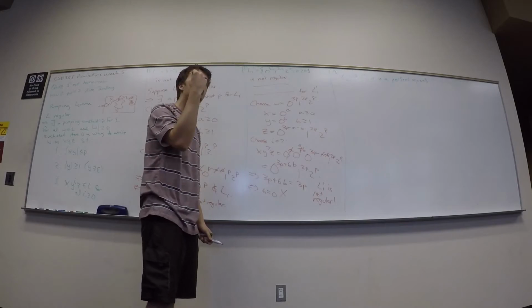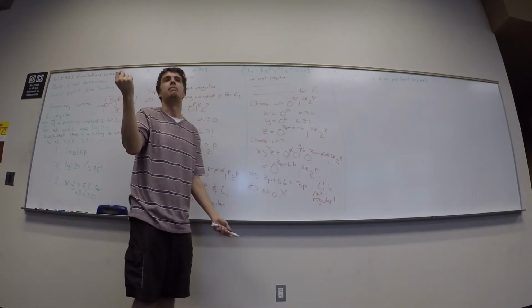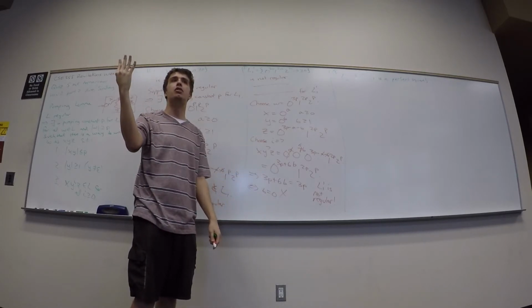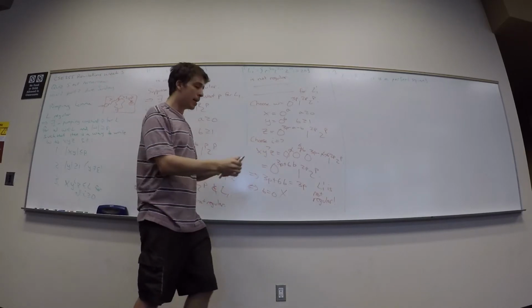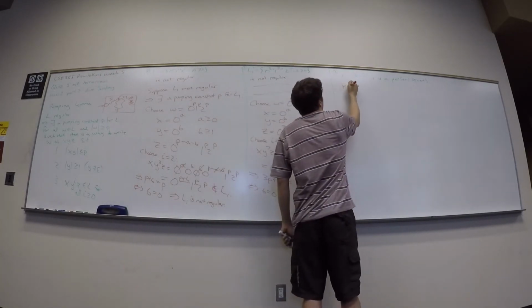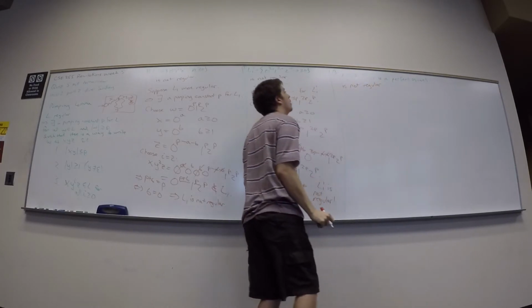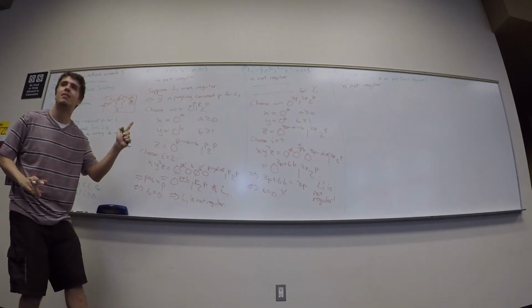And the number of zeros is a perfect square. So 0 zeros, which is the empty string, that's in there. A single zero's in there, 4 zeros are in there, 9 zeros in there, etc. Okay? And I claim that this is not regular. So how should I start this?